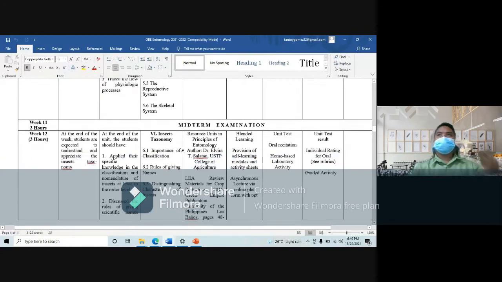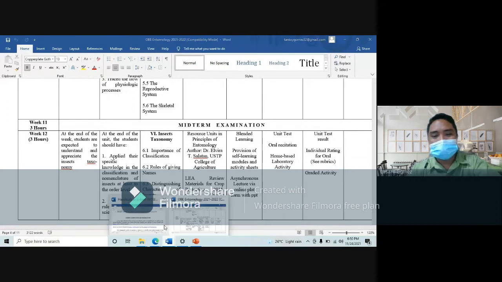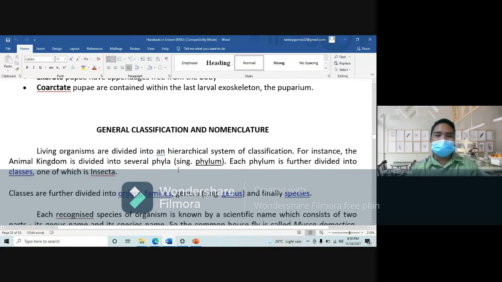Okay, so for now, since we are done with what insects are, the internal parts of an insect, the external parts of an insect, the importance of insects, the life growth and development of an insect. Okay, what is entomology? So ato na siyang nasayrian. So by this time, we need to study insects taxonomy. Why we call the scientific names of insects.